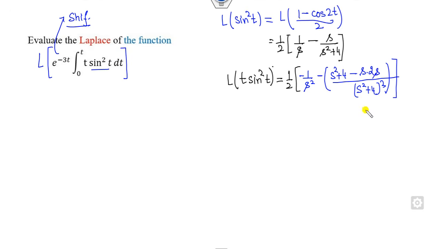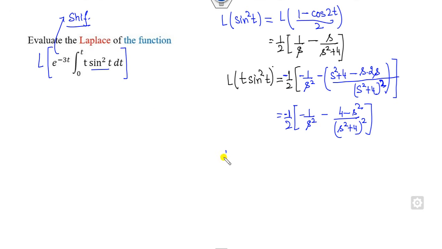Fine. Now I can open this bracket because the first derivative is with the negative sign. So minus first derivative. So it's a minus 1 over s square. It is (4 minus s square) over (s square plus 4) square. Fine, this is my square. So that is the derivative. Now what is the integration rule?